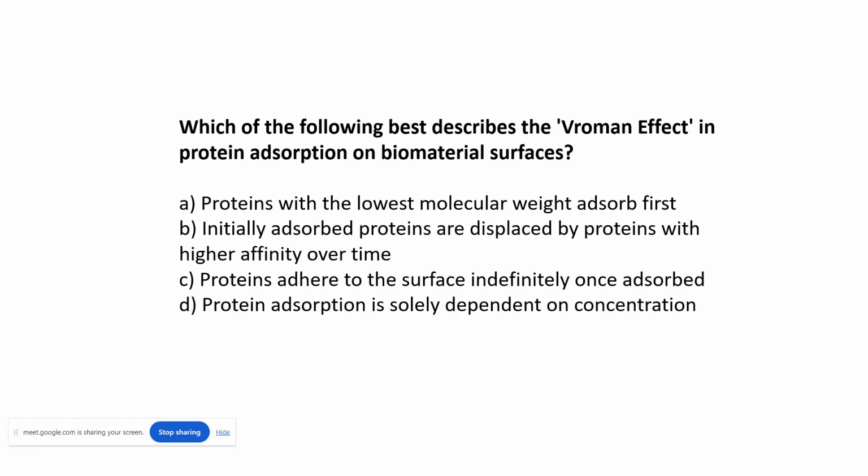Okay, moving on to the next question. Which of the following best describes the Vroman effect in protein adsorption on biomaterial surfaces? Option 2.